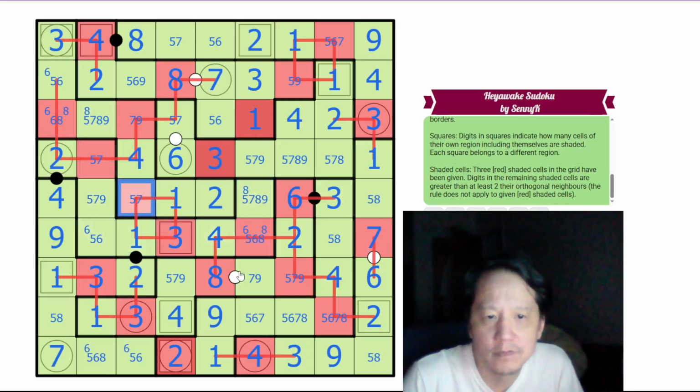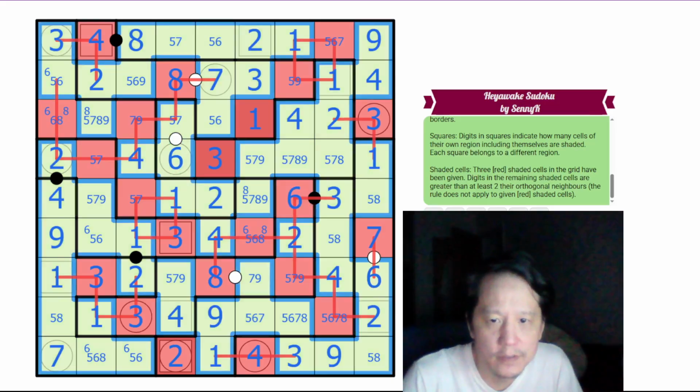Never mind. Hmm. Okay, so what are these digits? Okay, so let's remove the greens.